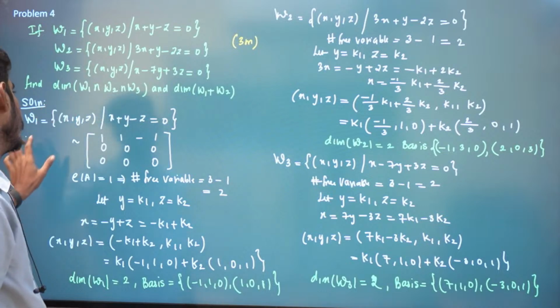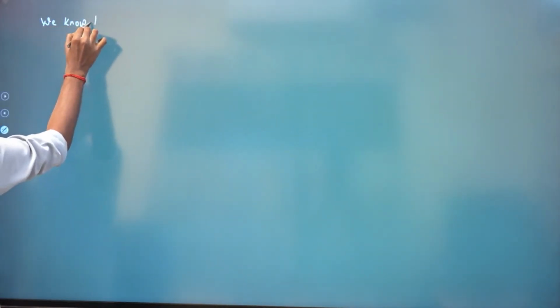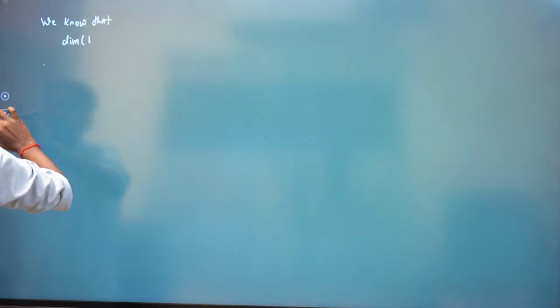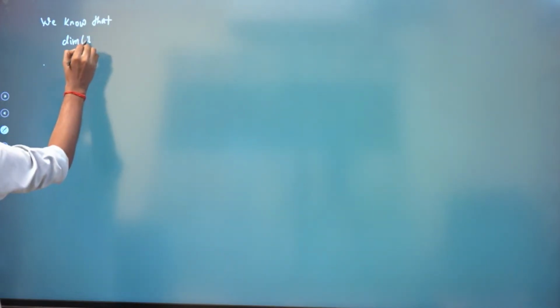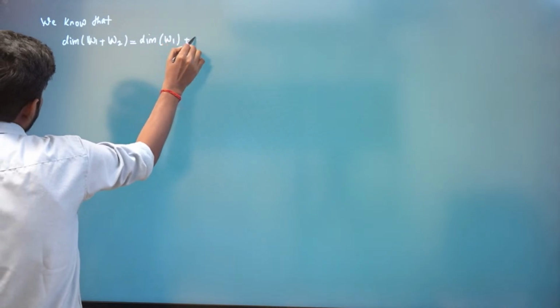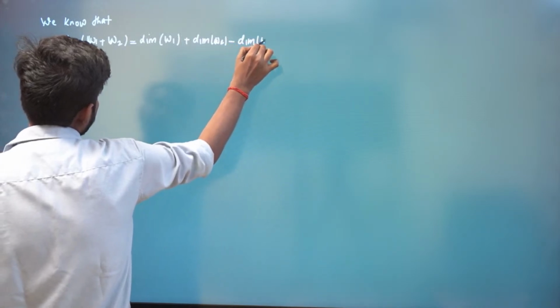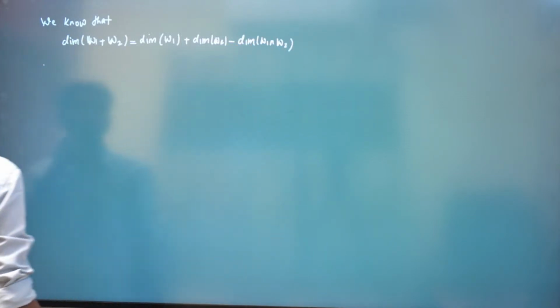Now actually we need to find the dimension of W1 plus W2. So we know by the dimension theorem that the dimension of W1 plus W2 is equal to the dimension of W1 plus the dimension of W2 minus the dimension of W1 intersection W2.